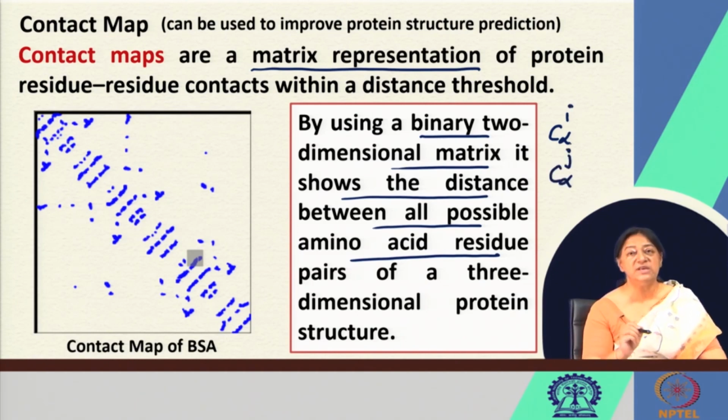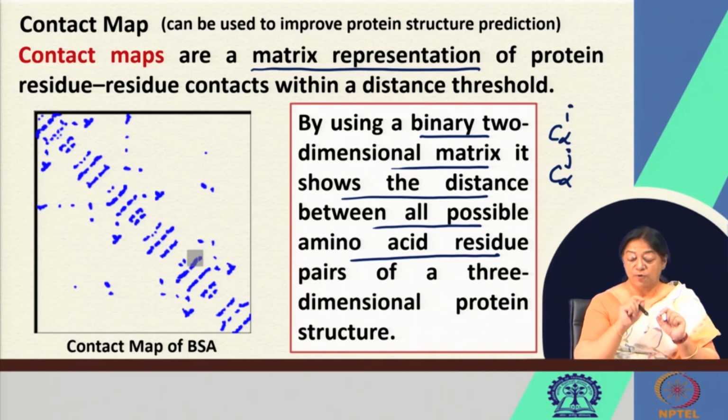For the C alpha of residue i, we have the x, y, z coordinates in three-dimensional space. For C alpha j, we also have the three-dimensional coordinates, and we can calculate the distance from C alpha i to C alpha j.